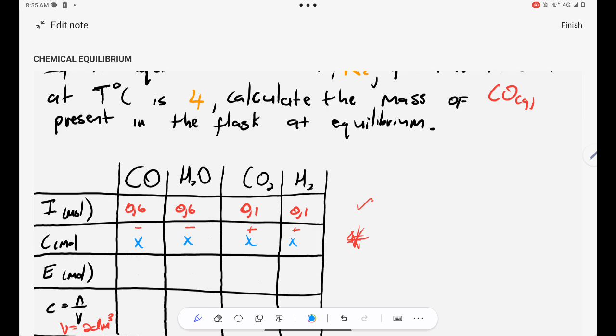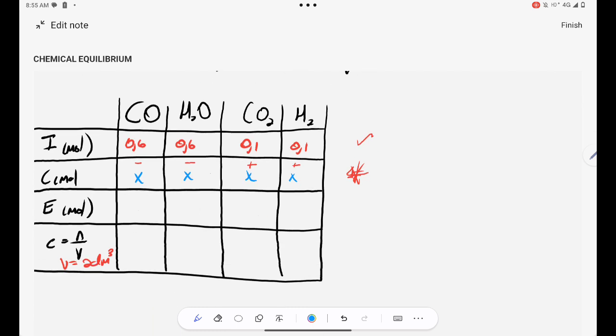So therefore, the amount of carbon monoxide present at equilibrium, I'll simply have 0.6 minus X. These are the number of moles which are present at equilibrium. Remember that initially I had 0.6, but I've only used X amount of moles. That means I will be left with 0.6 minus X.